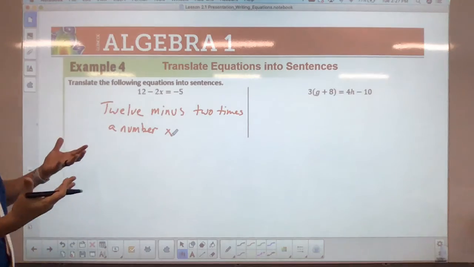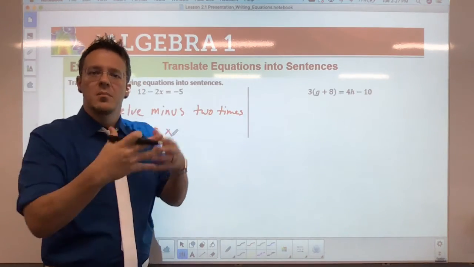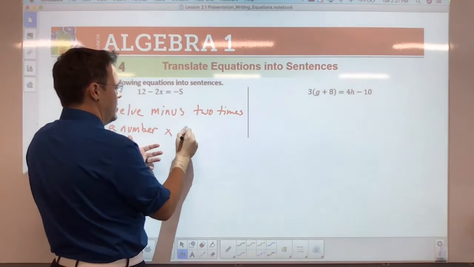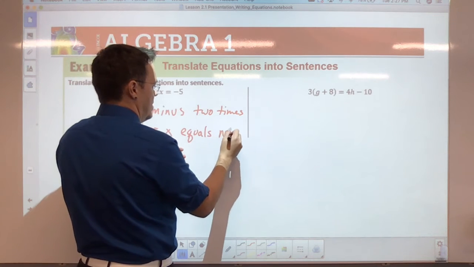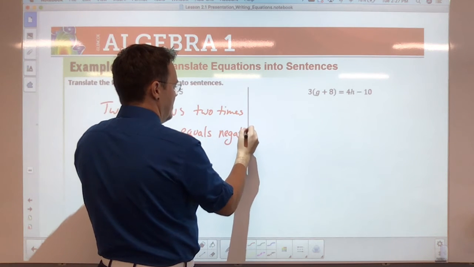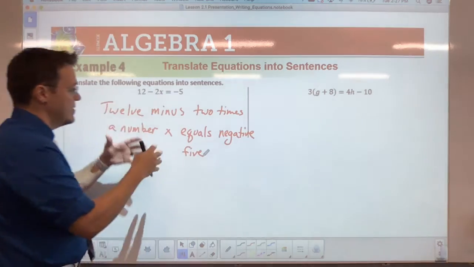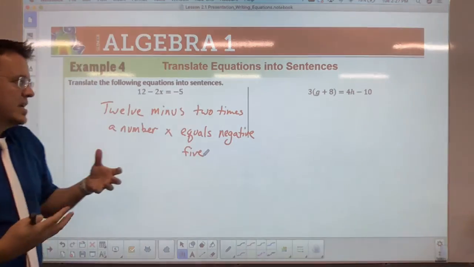Okay, because that's what it is, okay? It could be, you could put the product of 2 and x, but just kind of understand what you're doing here, okay? And then that would equal -5. Okay, that back end is easy. Or it could be is equals to something like that, all right?